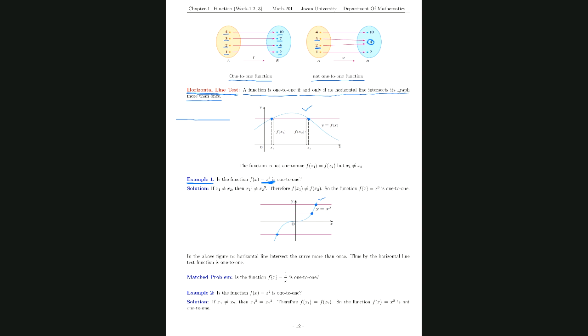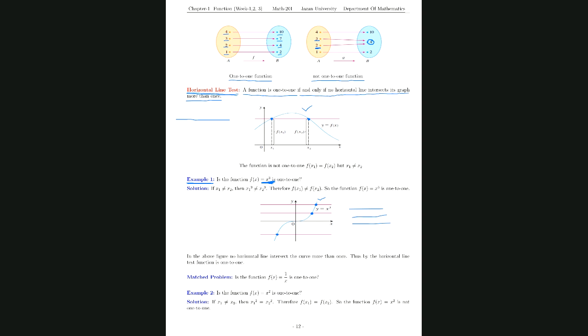So if the graph is given, then how to check whether this graph is of a one-to-one function? You take this line, this way, a horizontal line. If all these lines cut the graph at one point, then it is a one-to-one function.